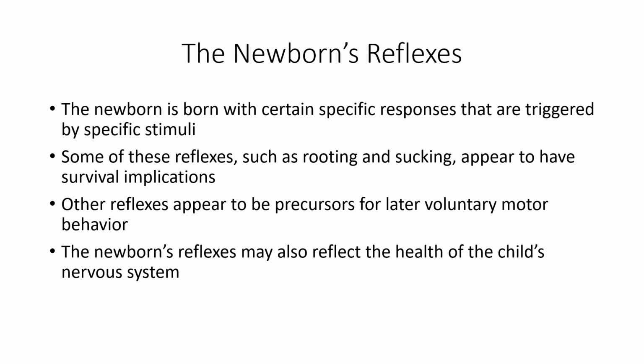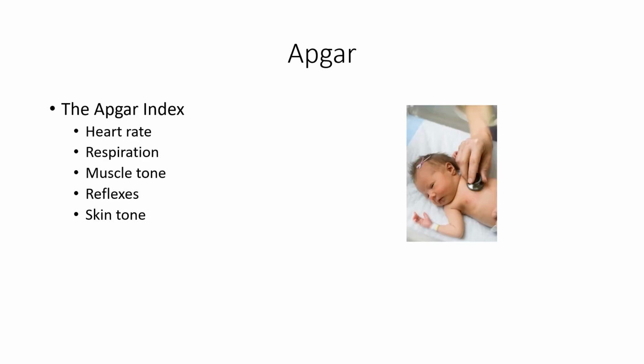And the newborn's reflexes are one of the things that are an indication of the health of the nervous system of the child, which gets us to the Apgar. The Apgar Index is an index taken at birth. It's about a minute after birth, and then 5 minutes later, you'll see it in the video, where they check heart rate, respiration, muscle tone, reflexes, and skin tone, and give each of them a score between 0 and 2.